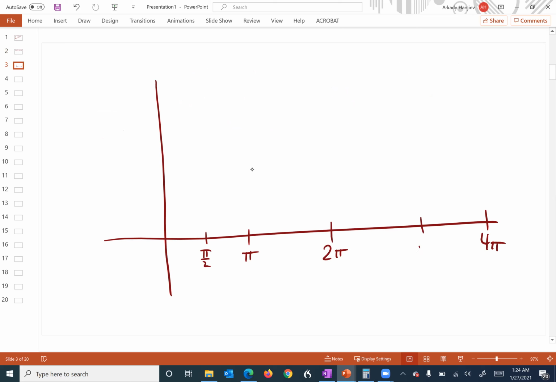So 3 pi would be about right here. Let's see, this is pi over 2, 2 pi over 2. This would be 3 pi over 2, 4 pi over 2, 5 pi over 2, 6 pi over 2, 7 pi over 2, and then the 4 pi would be 8 pi over 2. Okay, so I got that taken care of.